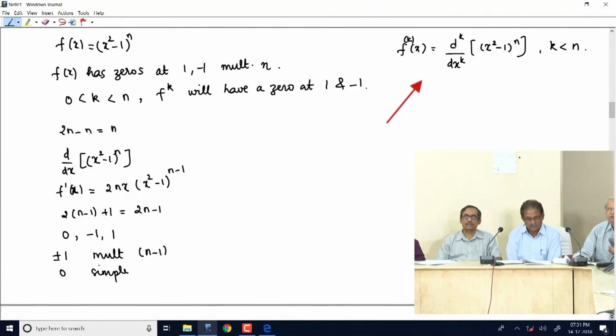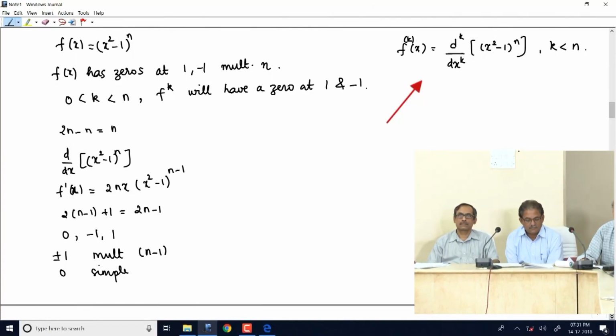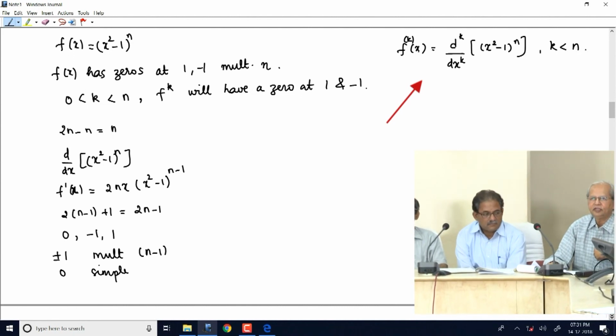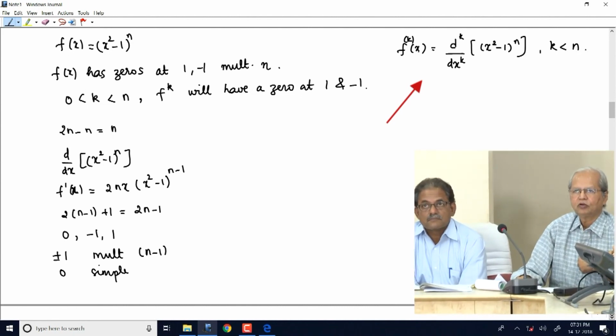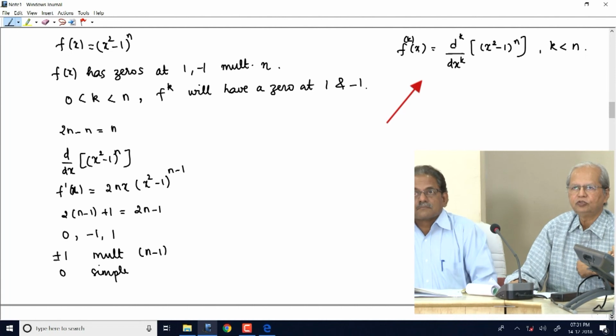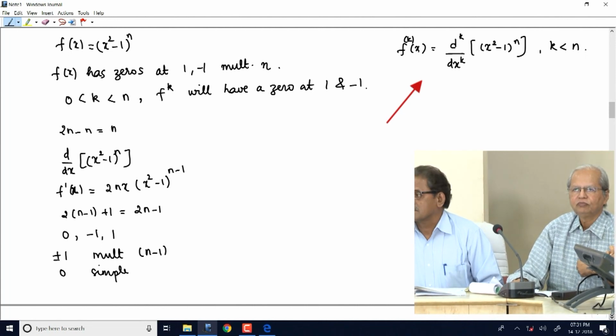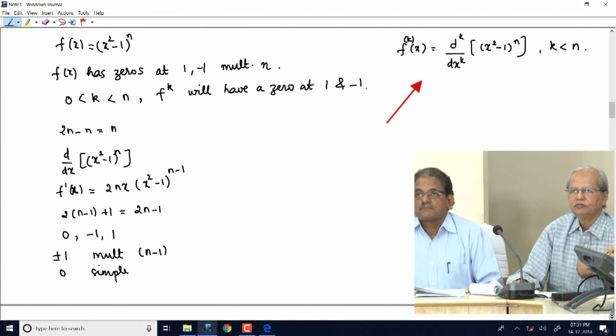Now similarly, look at the kth derivative f⁽ᵏ⁾(x), that is dᵏ/dxᵏ of (x² − 1)ⁿ, for k less than n. So what about the zeros of this kth derivative?